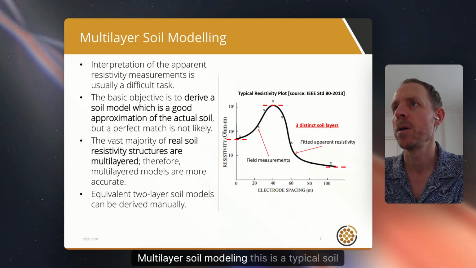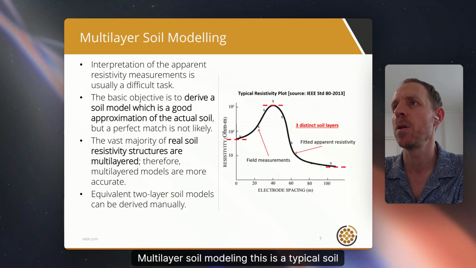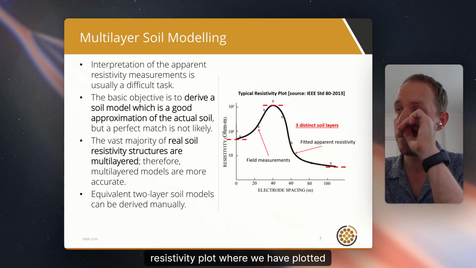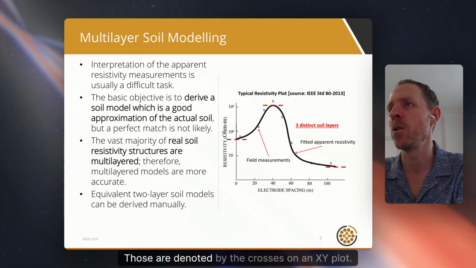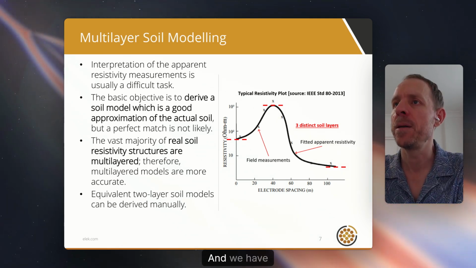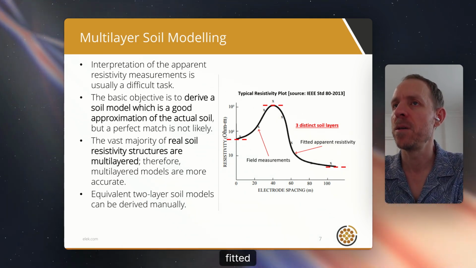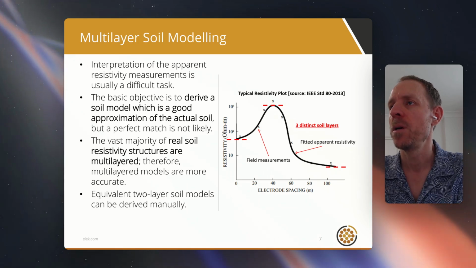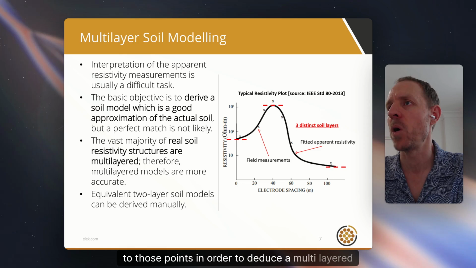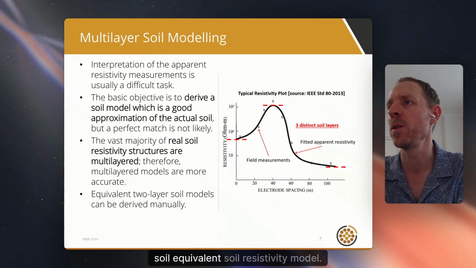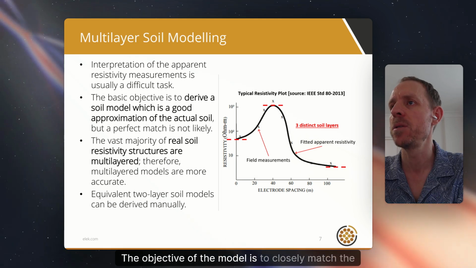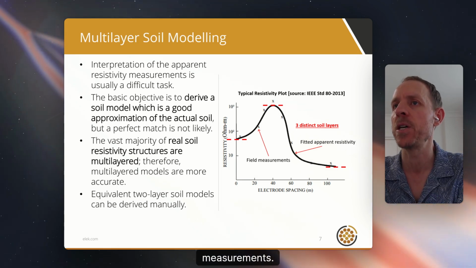Multi-layer soil modeling. This is a typical soil resistivity plot where we have plotted field measurements, those denoted by the crosses, on an XY plot, and we have fitted a model to those points in order to deduce a multi-layered equivalent soil resistivity model. The objective of the model is to closely match the measurements.